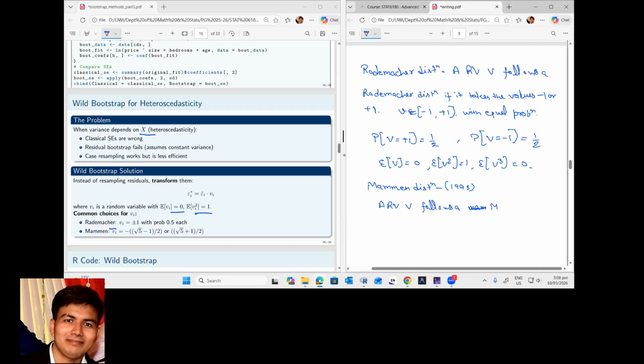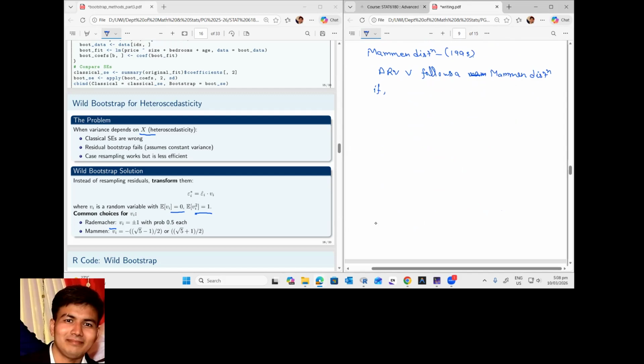Sorry, capital M. Mammen distribution: if V is defined as, V takes two values.